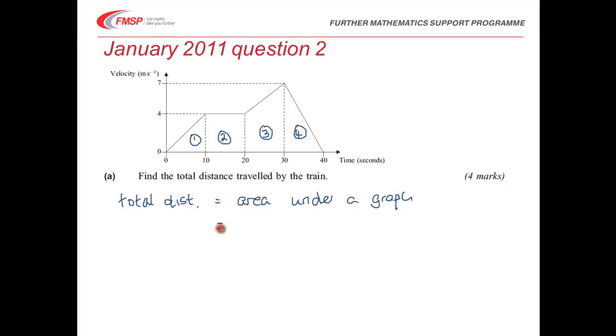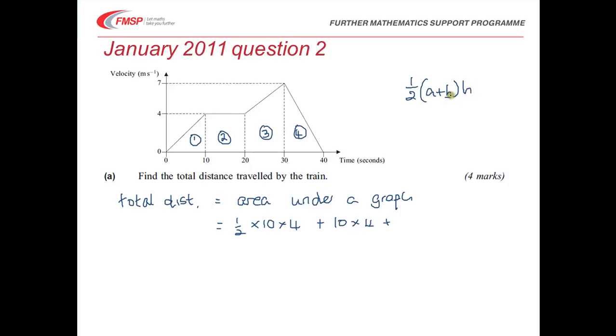So the first one is a triangle with base 10 and height 4, so that's a half times 10 times 4. And then we have a rectangle, 10 to 20, height 4, so that's 10 times 4. Then we have a little trapezium. Remember, the area of a trapezium is a half of (A plus B) times h, the perpendicular distance between them.